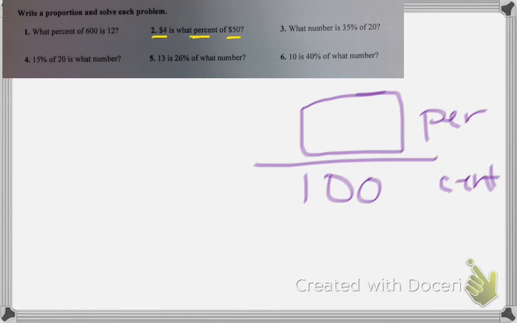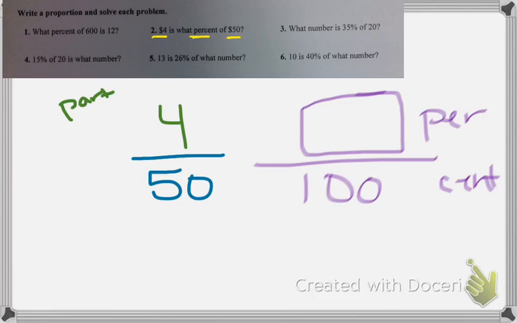Now it says $4 is what percent of $50? So $4 is going to be the part, P-A-R-T, and obviously the $50 will be the whole. So again, now that you have it set up this way, this should be a piece of cake for you to solve. And remember, it might be easiest if you make your arrow on top first because that's what you're missing, and then go, okay, I'm going to have to go in the same direction on the bottom.